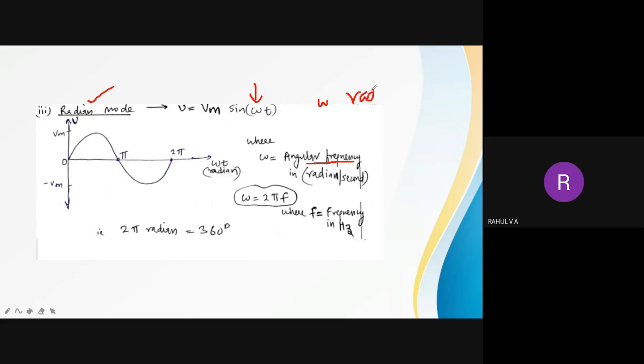Omega is radian per second, and the unit of time is also second, so you can cancel both the seconds. You will get the value in radians. That is why it is called radian mode. The sine wave is represented with angular frequency, with the help of pi, not theta or time period, it is represented with pi, 2 pi, etc. So pi radian means 180 degrees, 2 pi means 360 degrees.